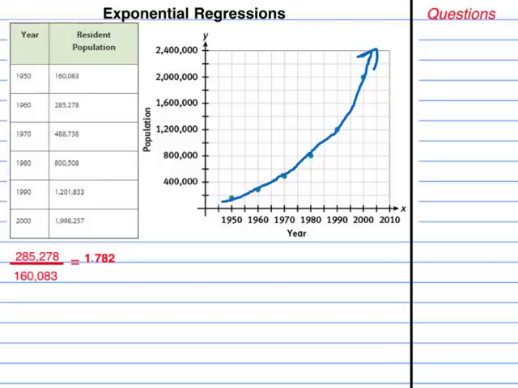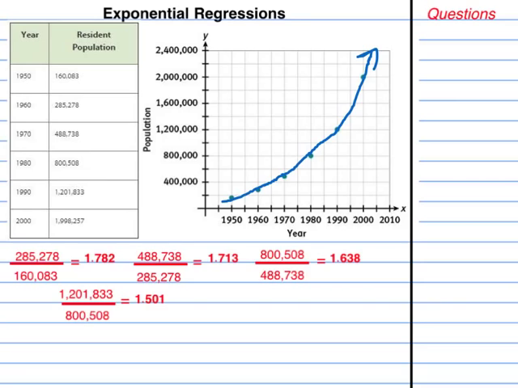So I'm going to check the ratios of my resident population and see if I can find a common change that would represent my exponential function. So I notice they're not perfect, but they're pretty close to being the same.